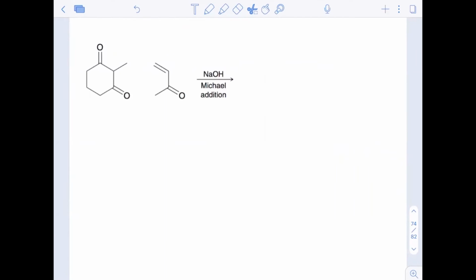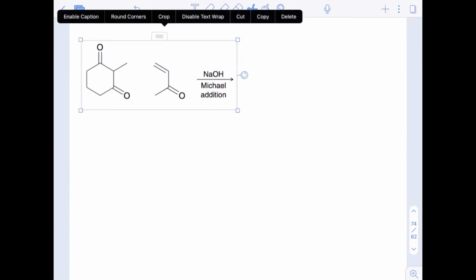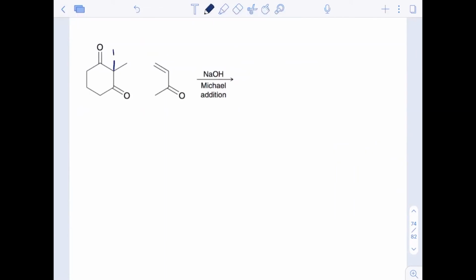Okay. NaOH is going to be able to take the alpha of the stabilized enolate, for the stabilized enolate position, to create that Michael donor. Then that Michael donor is going to attack the Michael acceptor.